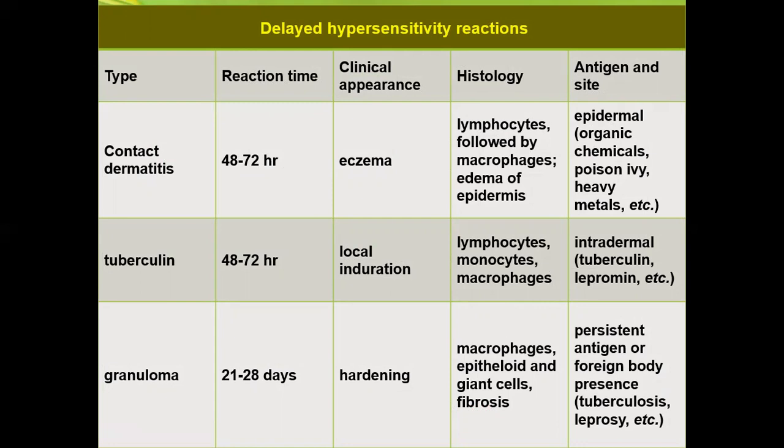These are the examples of delayed hypersensitivity reactions, type 4. So the contact dermatitis, tuberculin and granuloma.